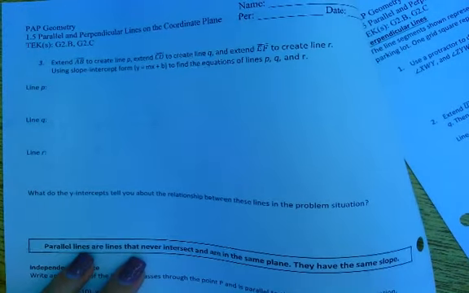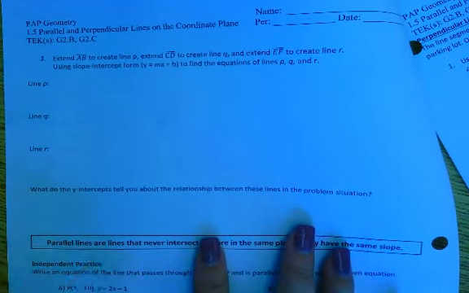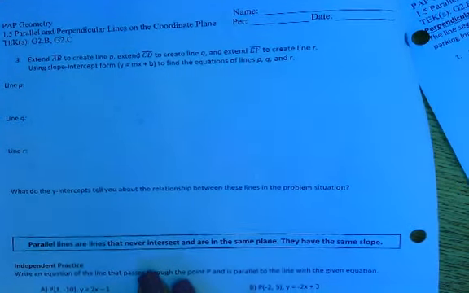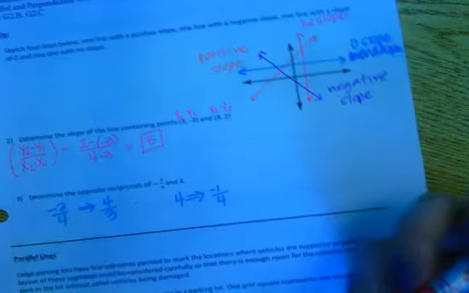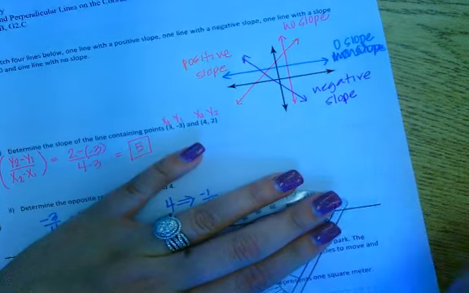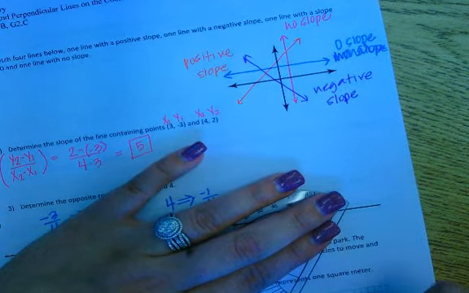Okay, it says extend segment AB to create line P, extend CD to create line Q, and EF to create line R. Using y equals mx plus b, find the equations of line P, Q, and R. So what it means by extend is just draw them longer.